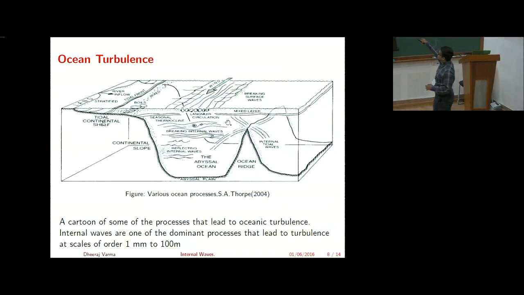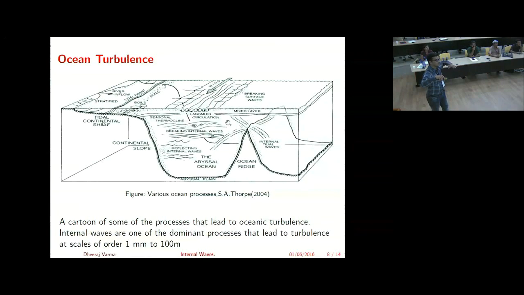And there are various other forcings, like surface winds, which give a surface forcing, and you have internal waves propagating downward. And you also have horizontal stratifications being present due to the river inflow. So in this case, you have horizontal density stratifications and the internal waves moving vertically downward.